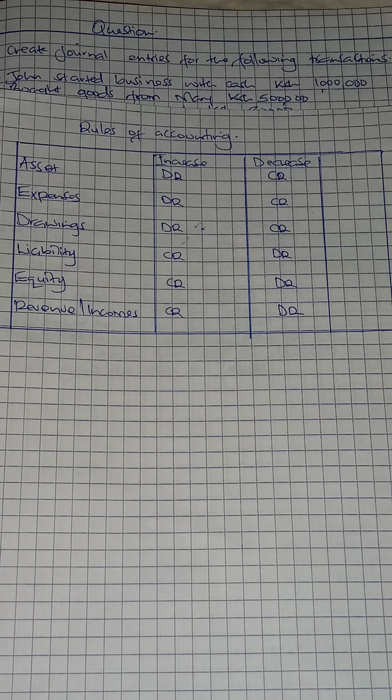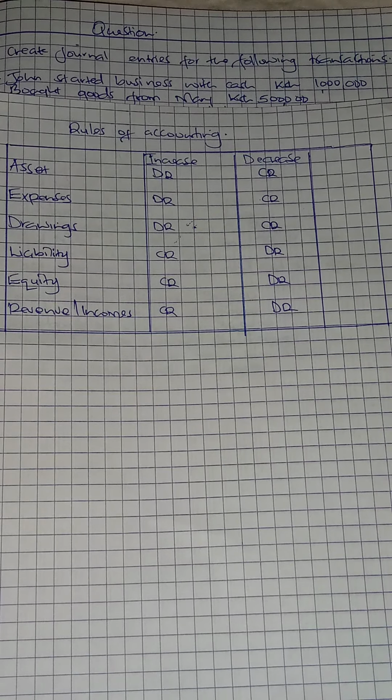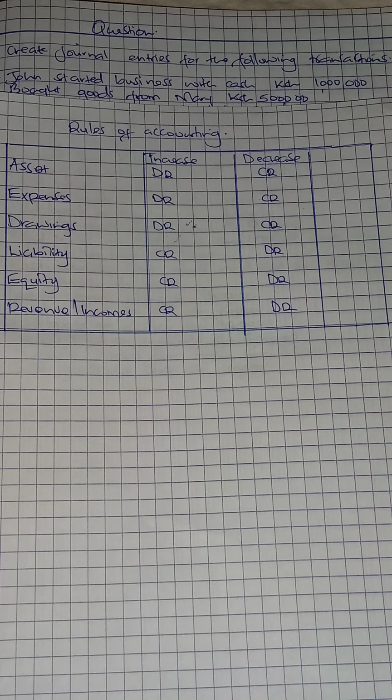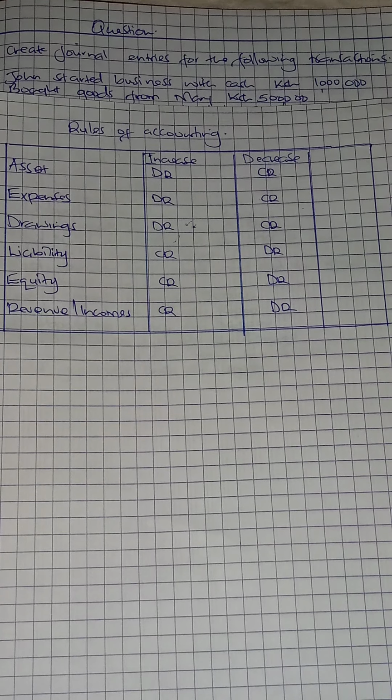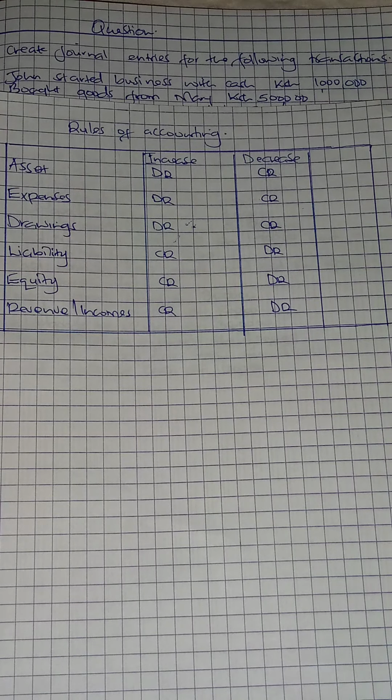And when we have what? Again, it is in cash. What is happening also to the money in the bank? The money in the bank being an asset, it is also increasing. So you do what? You debit, right? And what happens to the discount allowed? Because we had sold the goods worth 160,000, but we've allowed some discount to Smith, it means the discount allowed in our case is an expense to us because we are losing some money.